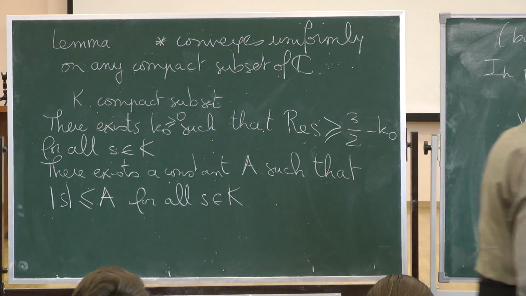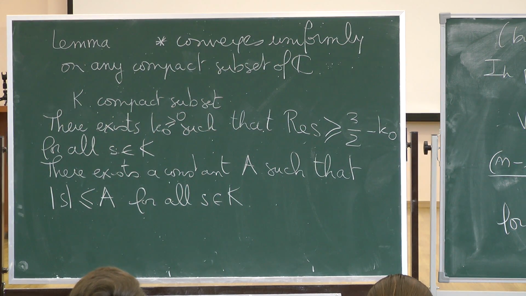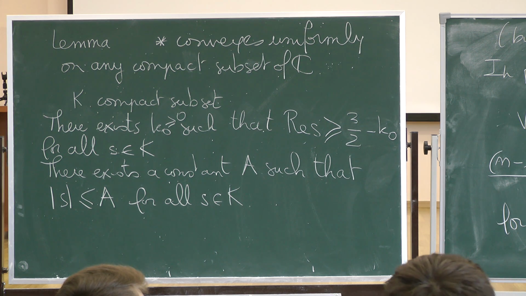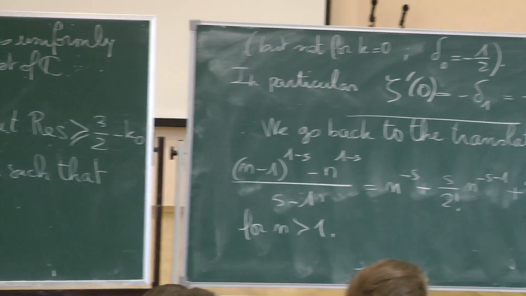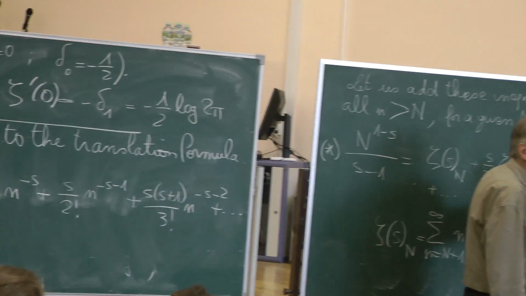And therefore, if I try to bound the term which I have here, the first terms can be pretty complicated, not nice at all. But for the terms corresponding to k larger than or equal to my k0, I can bound them very easily.